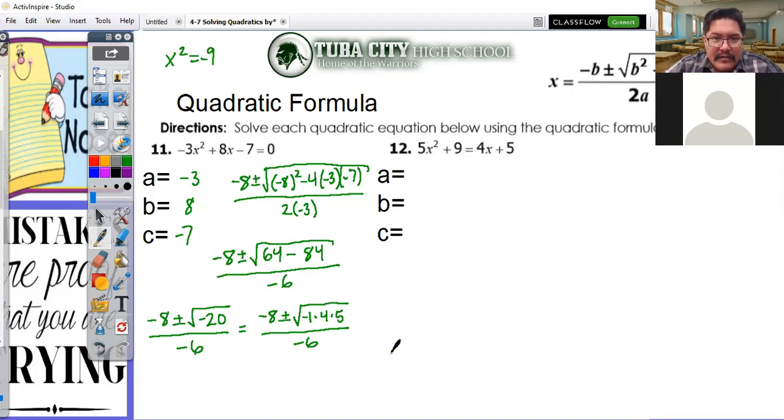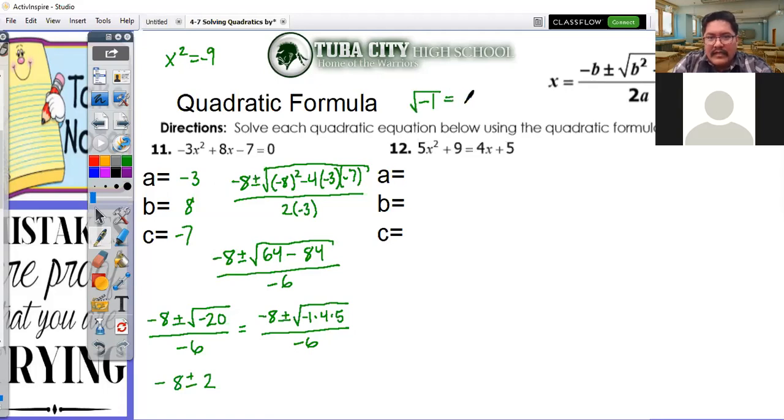Now I'm going to have to break out as much stuff as I can. So negative 8 plus and minus. I can take the square root of 4. I know the square root of 4 is 2, so I'm going to take that out. But there's one more thing I can take out. If you remember, i is equal, oops, almost put it backwards.